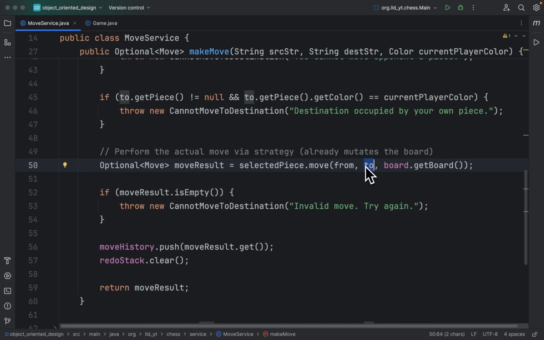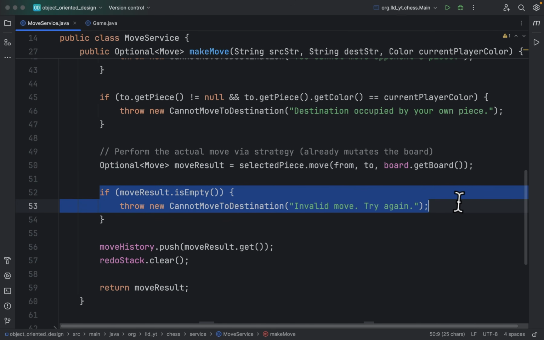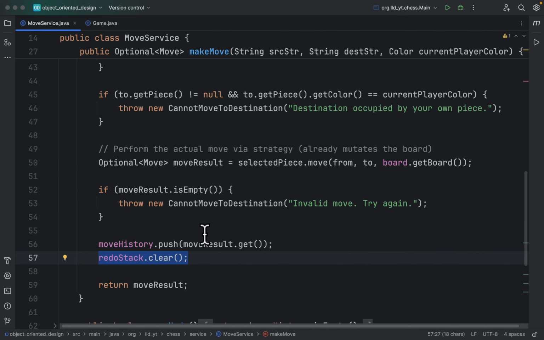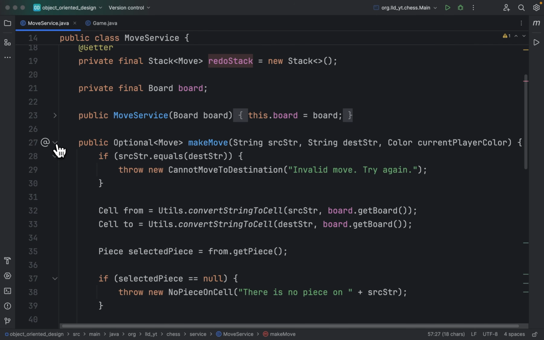And if queen was able to move, then we would have the move object. If queen was not able to move, then we would again throw this exception. Okay. And finally, we would put this move object into the move history stack, and we would clear the redo stack. Okay. So this was the make move function.